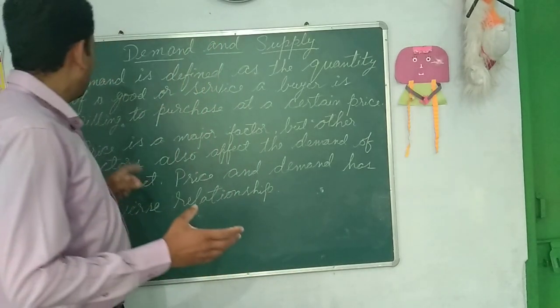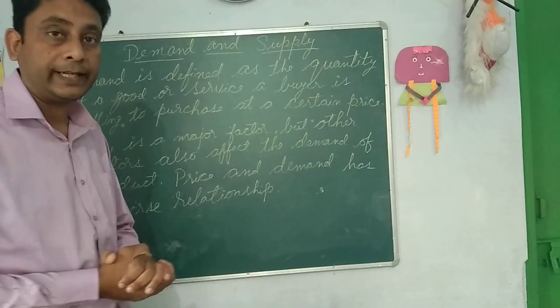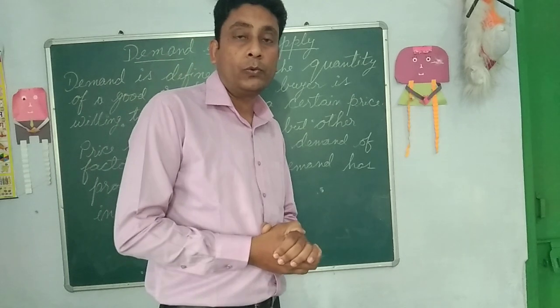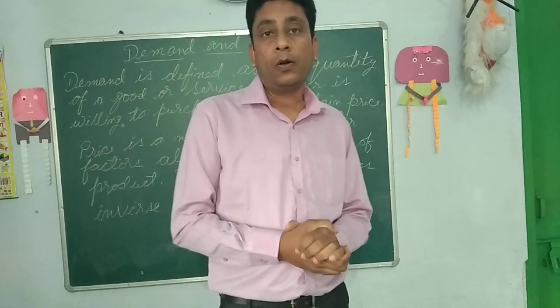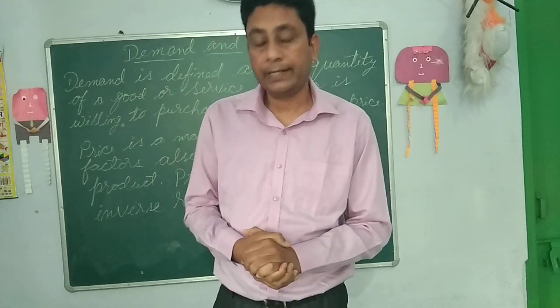Now here, price is a major factor in order to purchase anything, because as we know, there is a difference between want and desire. What is desire? Let's understand it first.